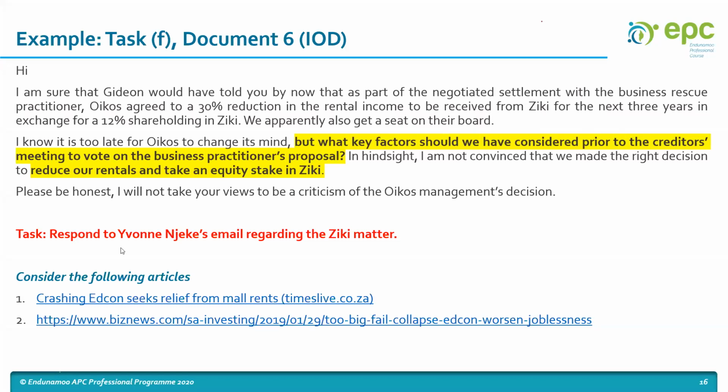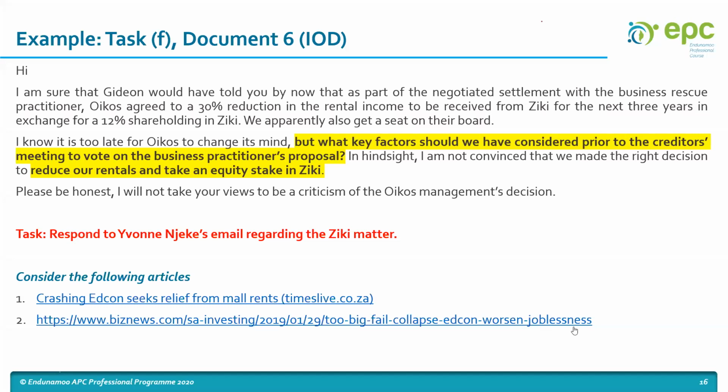The task: respond to Yvonne's email regarding the Ziki matter. Then for me, your research will probably have included maybe one of these two, or even other communication or research articles. So this one said, is EdCon too big to fail?